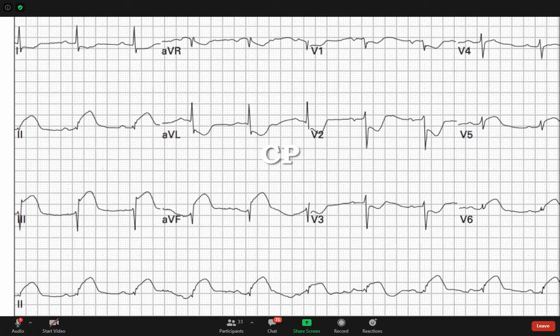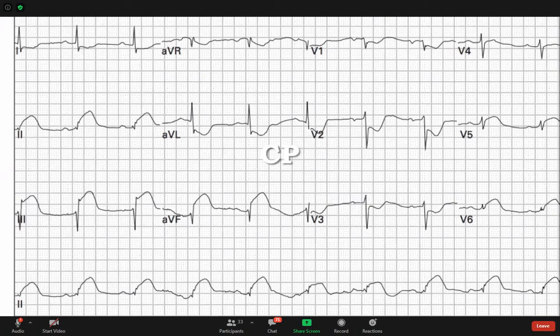الاكسس في ليد 1 بوزيتيف، في الاي بي اف صراحة ماني عارف هذا نيجاتيف صح دكتور؟ غالبا نيجاتيف. طيب بنشوف ليد 2 بوزيتيف. في هذه اس تي سيجمنت اللي في ليد 2 ولا؟ You're gonna say it's a normal axis. اوكي. البي ويف قلنا نورمال. البي ار انترفال برضو نورمال.